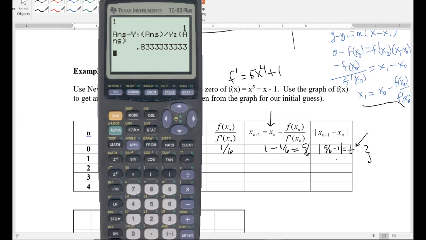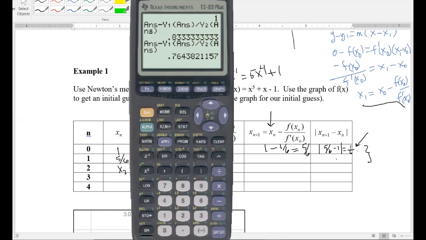So I'm going to do second entry. Now this will take the answer that I just found and put it in again, but that's the whole iteration process itself. So I press it one more time and I get my next estimate.